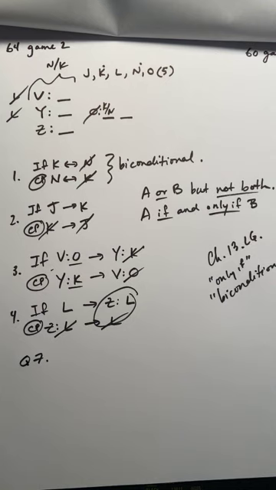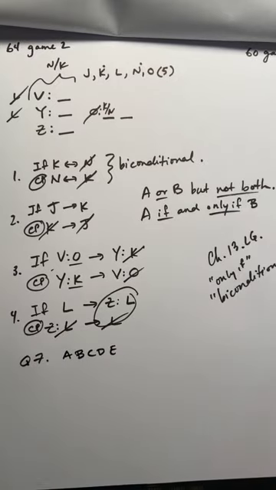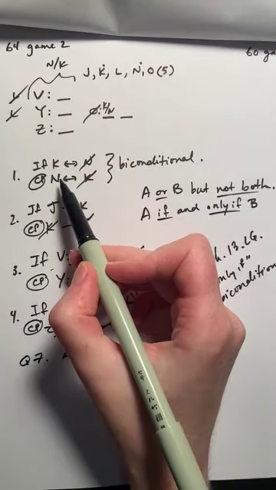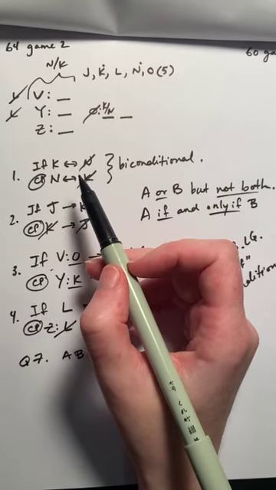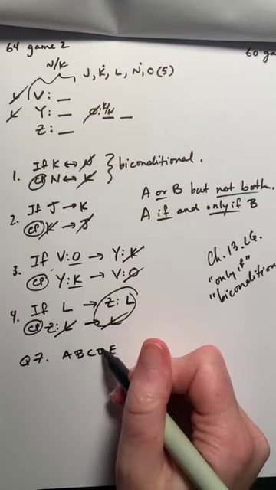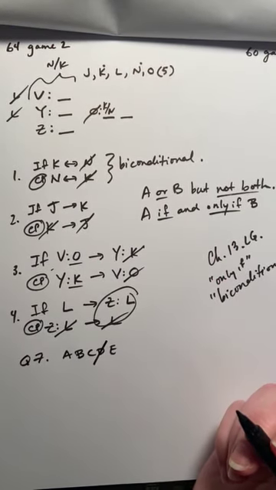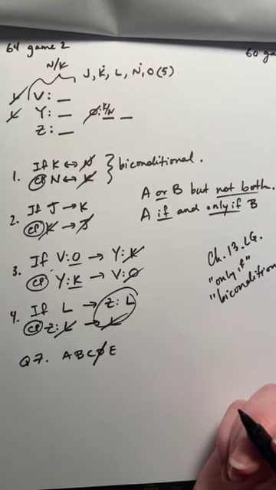All right, so for question 7, we are just going to eliminate the rule breakers. We're just going to do process of elimination. So first one, we should see either K or N, but not both of them. If we see both K and N, like in D, that one's out. And if we saw neither, we would have to eliminate that as well, but I don't see that as an option.